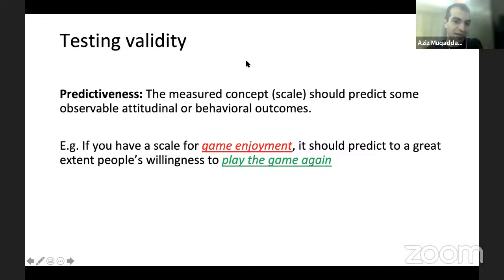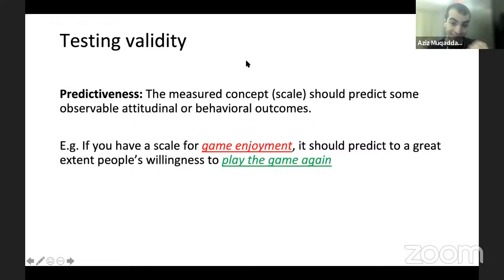So that's basic predictability. If people enjoyed it, they should be more willing to play it again. Keep in mind, I didn't say purchase, because purchase could also involve other things, like if you have money or a console. But I say you're willing to play it again. There should be very high correlation between people saying they enjoyed the game and people saying they're willing to play the game.